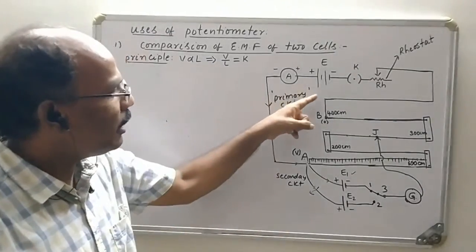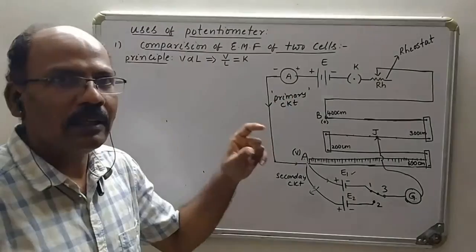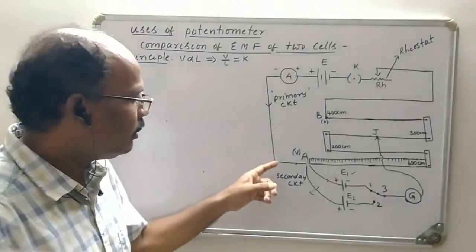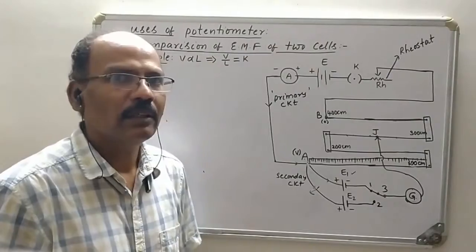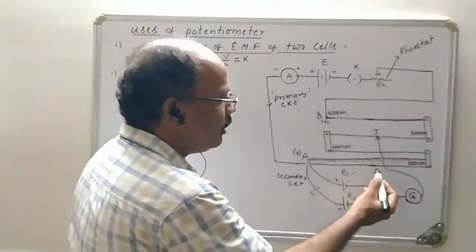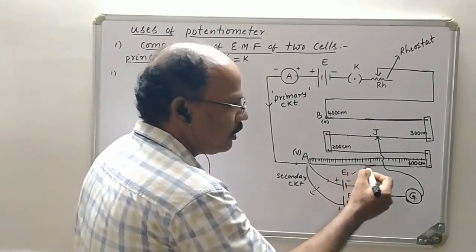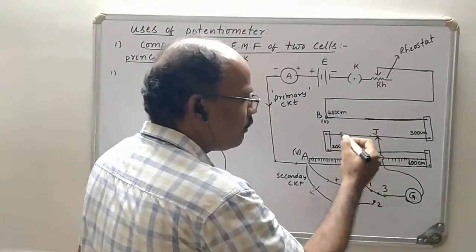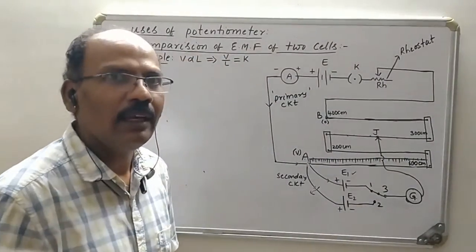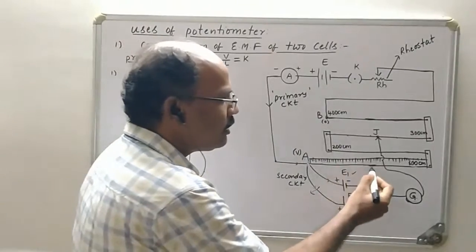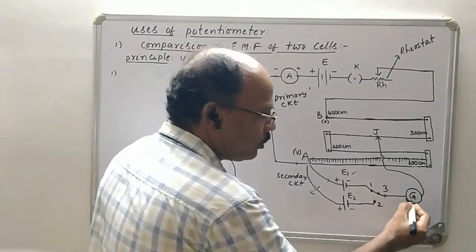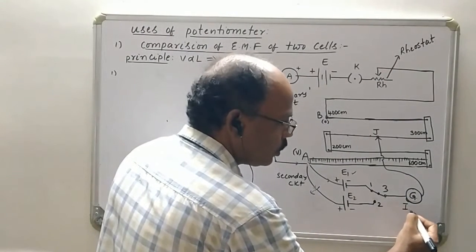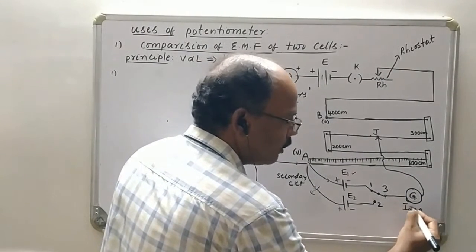When the primary circuit provides a constant current across the potentiometer wire, we can touch the jockey J at different points along the manganin wire. Let us say when the jockey J touches a point here, the current passing through the galvanometer shows 0 reading.